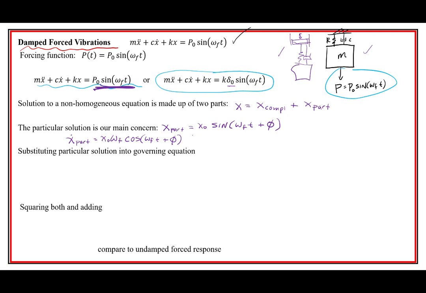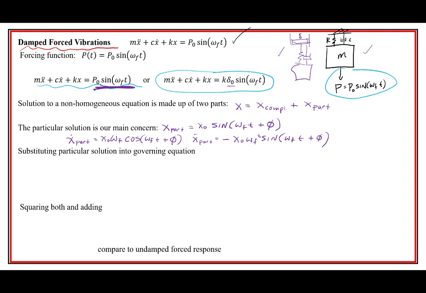I think it might have to be a negative one. Anyway, let's just keep going with this. X double dot, particular solution: we're going to have a negative x0 omega f squared times sine omega f t. And now I'm starting to question whether that phase angle needs to be a positive or negative phase angle.